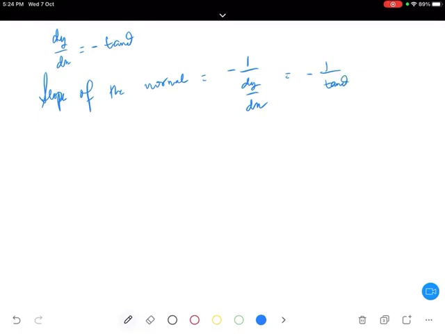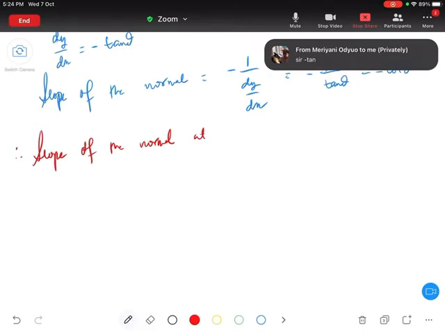And 1 by tan theta we know is cot theta, so minus cot theta. But there is a problem. They have asked you to find the slope of the normal at theta is equal to pi by 4. So let us write the slope of the normal at theta equals pi by 4.